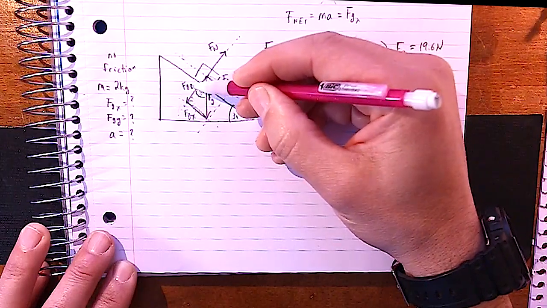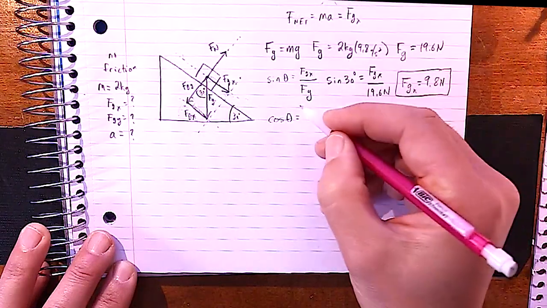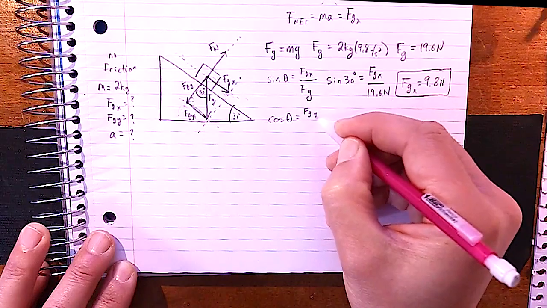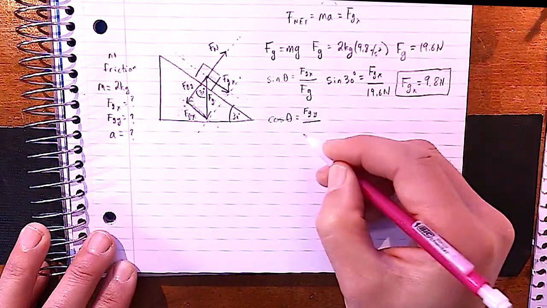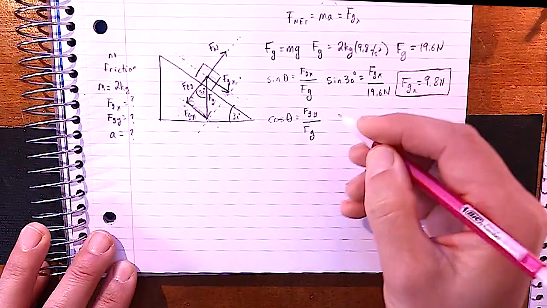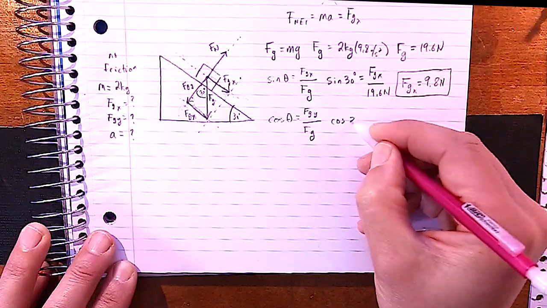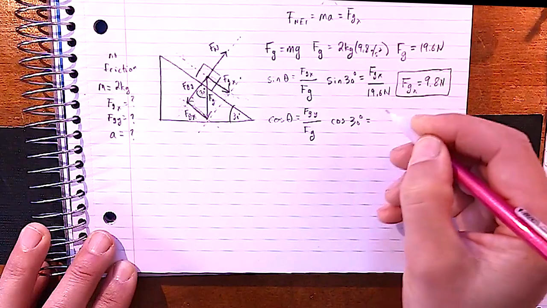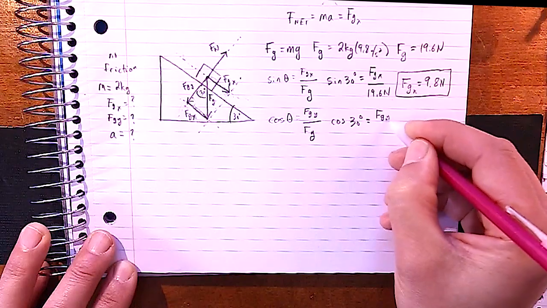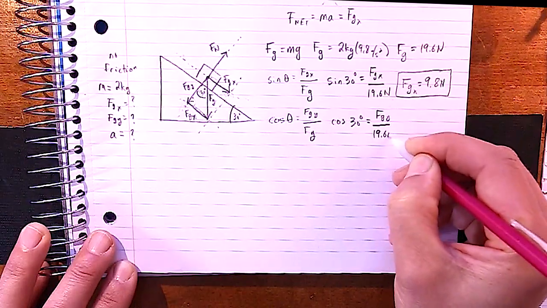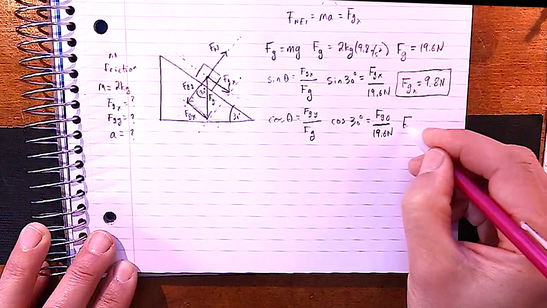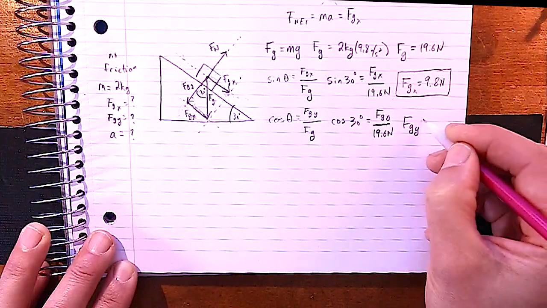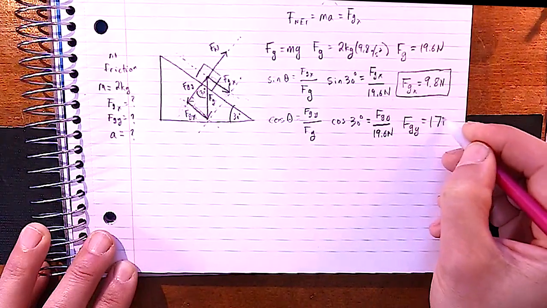We have the adjacent and our hypotenuse that we know. So we have FGY over FG, and that's going to be cos 30 is equal to FGY over 19.6 newtons. We cross multiply, and that gives us an FGY of 17 newtons.